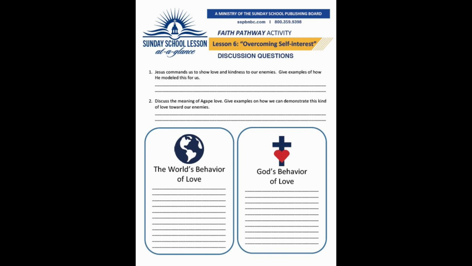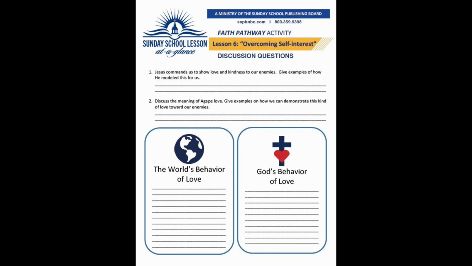Have students give examples of how Jesus modeled this for us. So this can be a discussion question, but it's important to not only have discussion around it, but also to give examples of how Jesus modeled this for us.